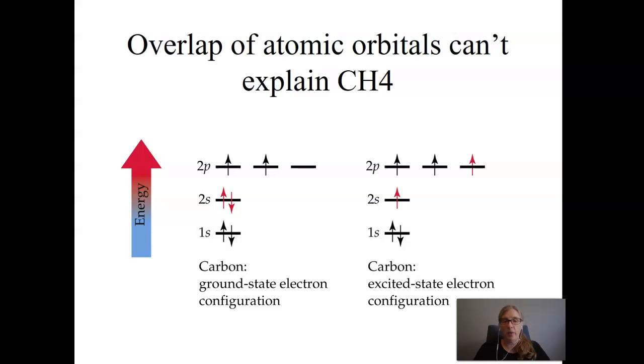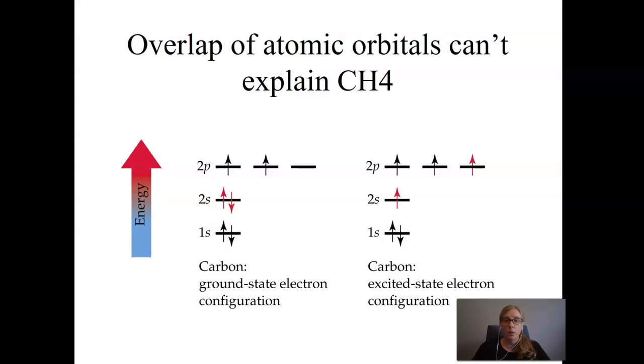If we think about the ground state electron configuration of carbon, 1s2, 2s2, 2p2, those two unpaired electrons in the 2p orbital don't really explain the way we can get 4 single covalent bonds with the 4 hydrogen atoms in the Lewis dot structure of this molecule.